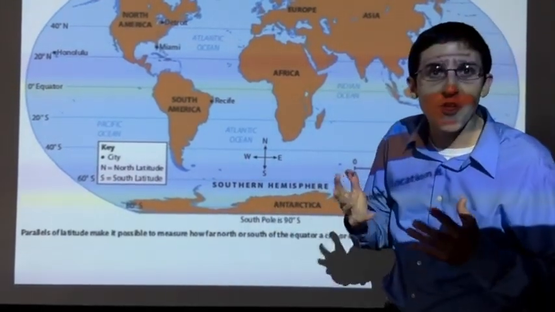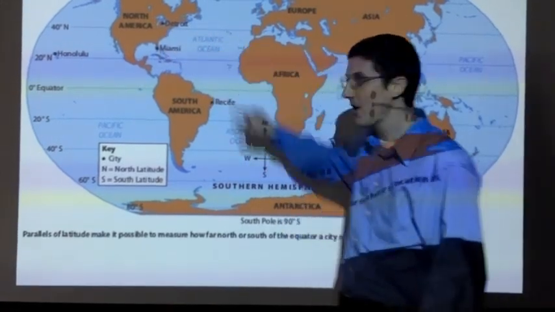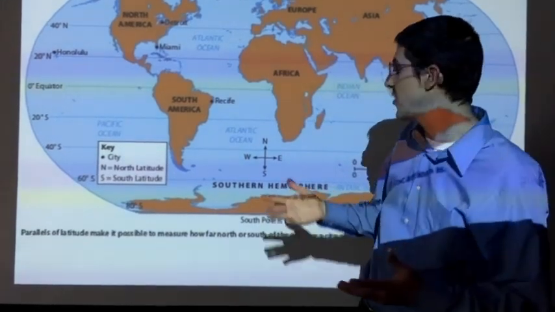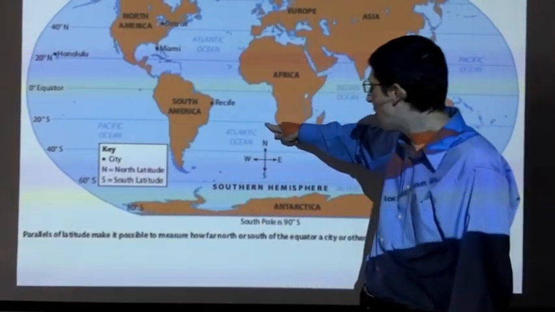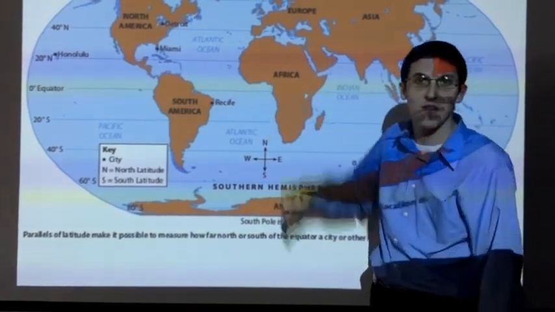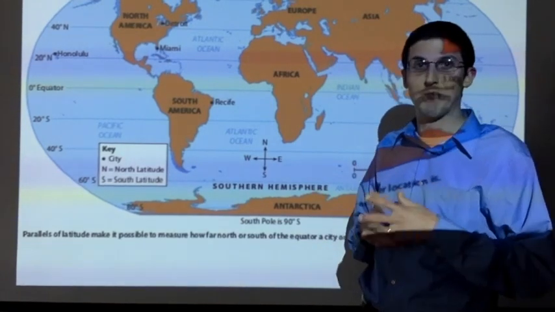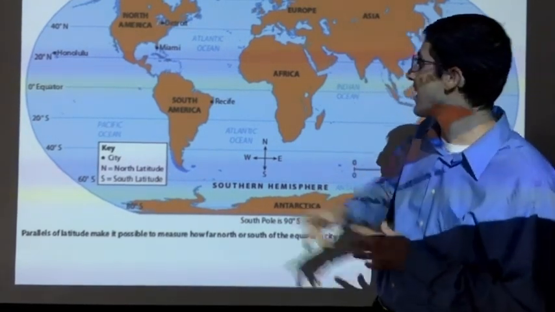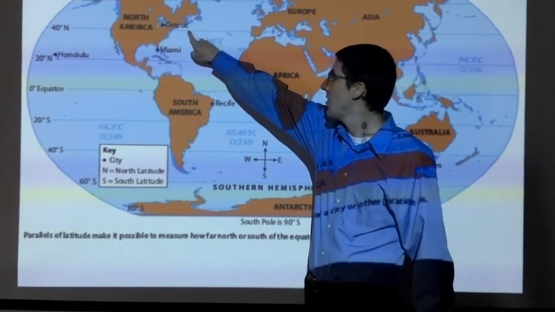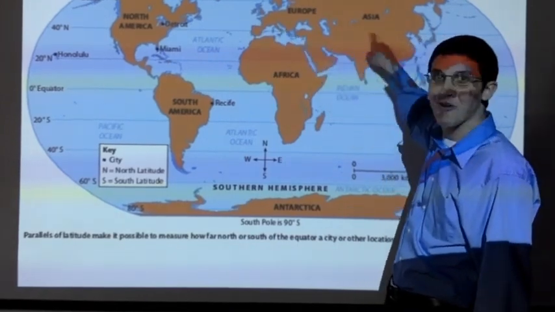So, if you are 40 degrees north, that means you are 40 degrees north of the equator. Likewise, if you are 20 degrees south, you are 20 degrees south of the equator. But notice the problem we have if we only measure latitude. If I'm at 40 degrees north as my latitude, am I in North America, Europe, or Asia?